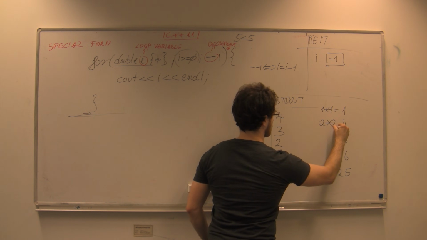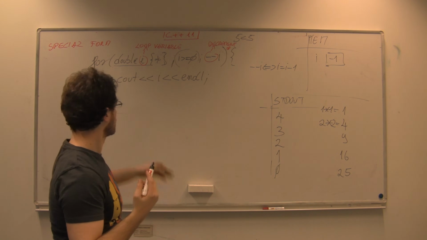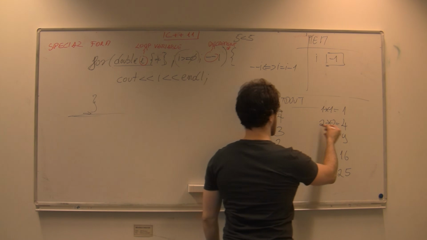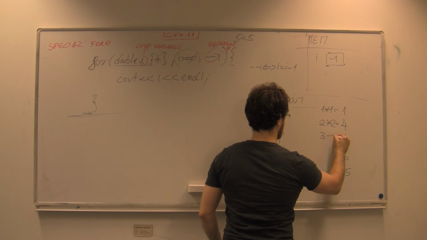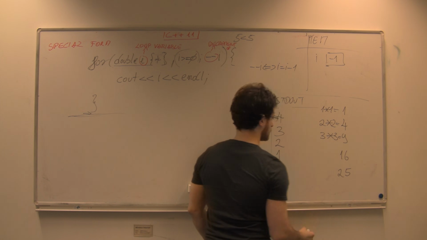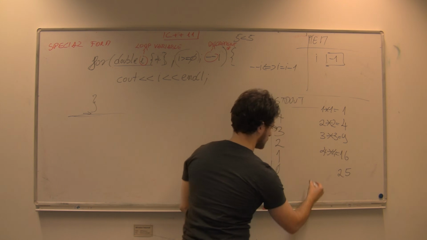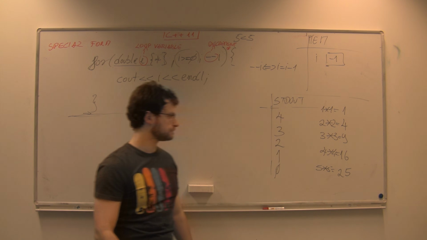It will be very elaborate, just so that we can understand the idea behind writing the for loop that will produce this sequence. So the second is generated by 2 times 2, the third by 3 times 3, the fourth by 4 times 4, and the fifth by 5 times 5.